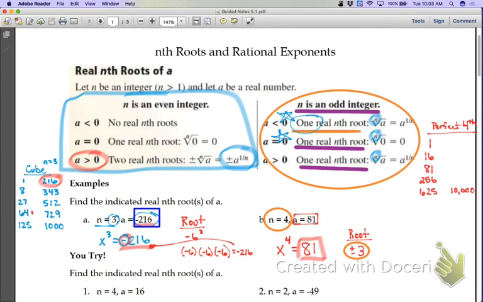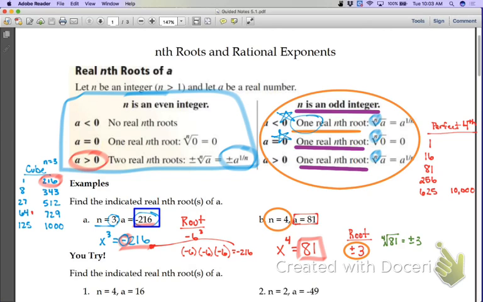Now, how this normally will look, if you would type this in, is basically so you can do this without a calculator, using your list of numbers and your perfect cubes or perfect fourths or perfect fifths, things like that. But if I have the fourth root, it's going to look the same way: the fourth root of 81 is going to be plus or minus 3.